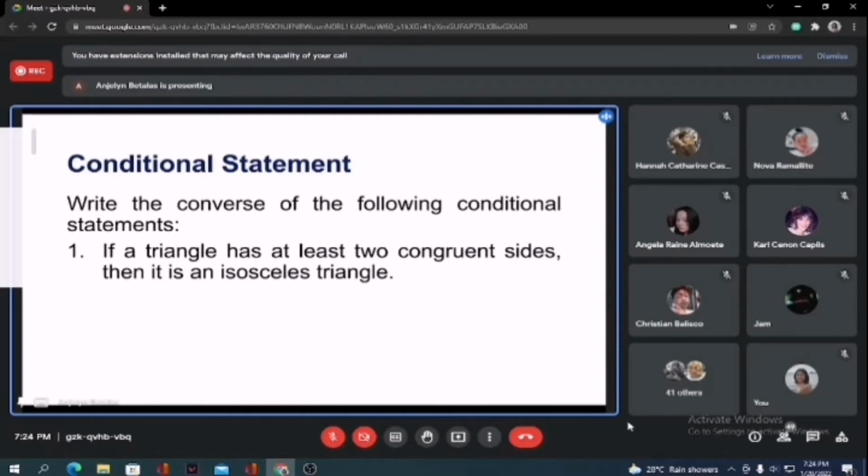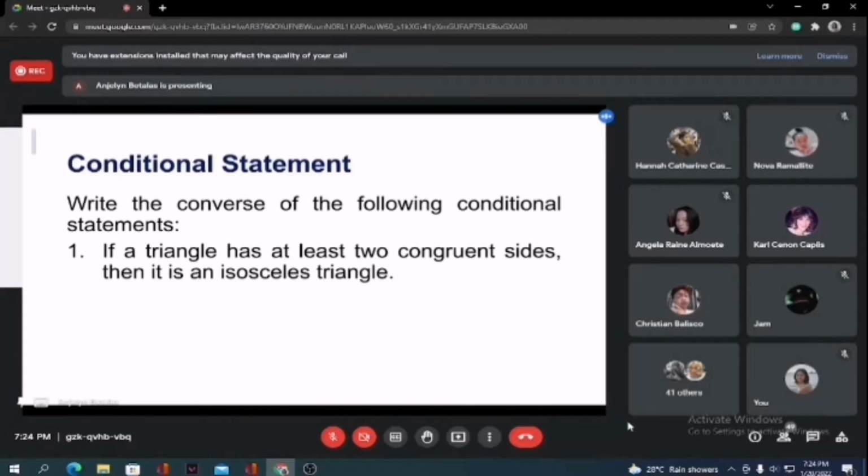So, the converse for that: if the triangle is an isosceles triangle, or pwede po, if the triangle is an isosceles, then it has at least two congruent sides. Naklaro na? Yes, ma'am. Okay, next.